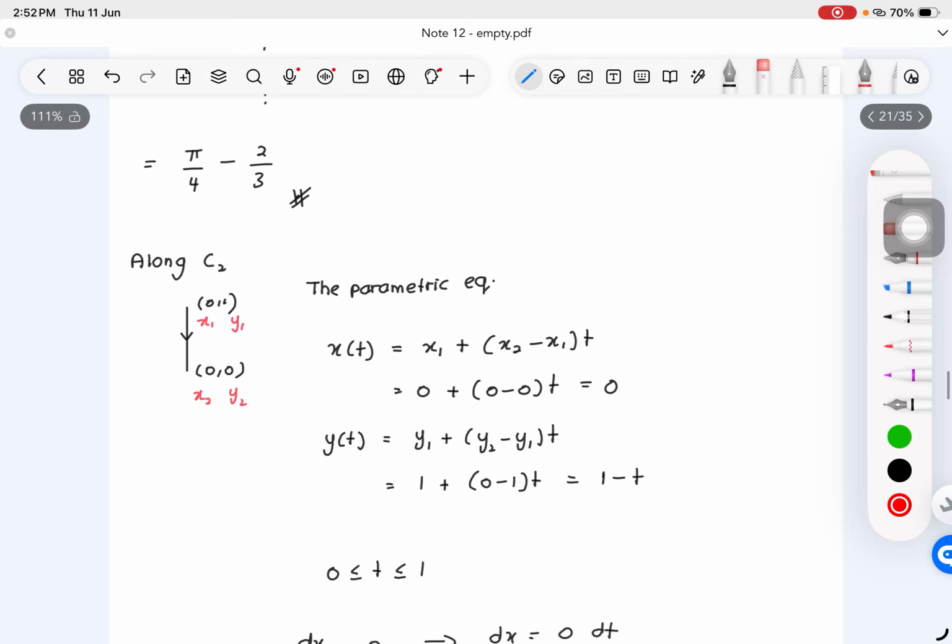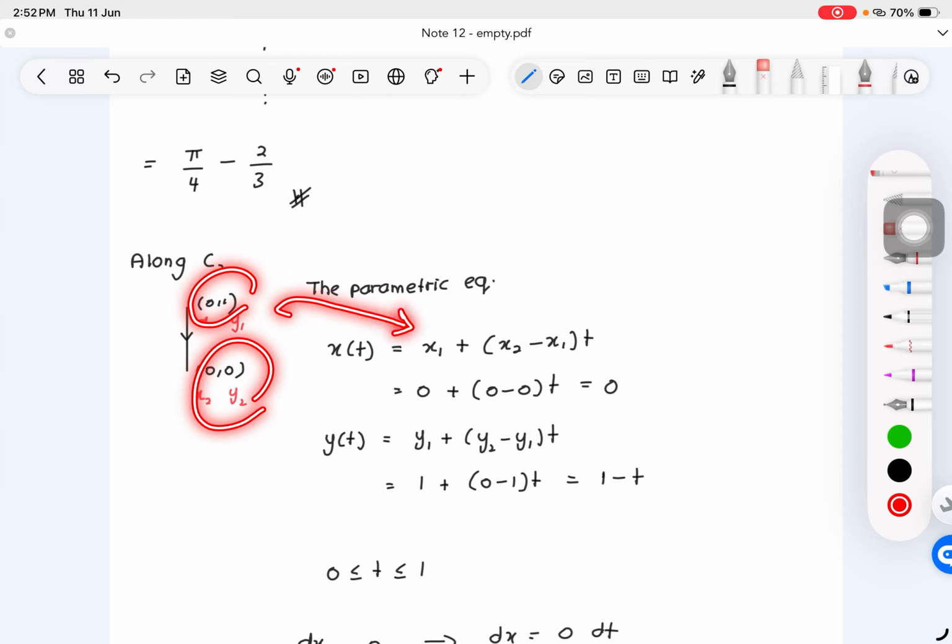For a straight line segment, you need to use the formula from the beginning. x(t) is equal to x1 plus (x2 minus x1) times t. You substitute the points and you get this.